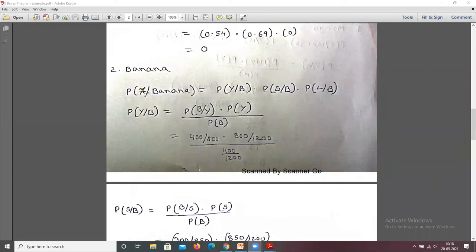Here we are taking X, probability of banana. X may be a banana. How? So probability of Y by B, probability of S by B, probability of L by B. Same procedure.